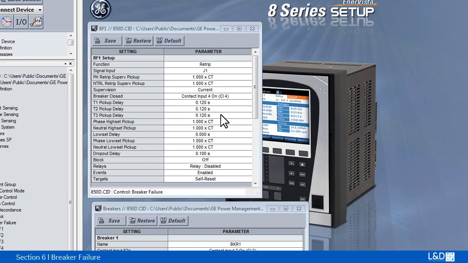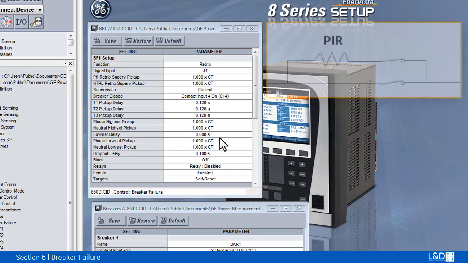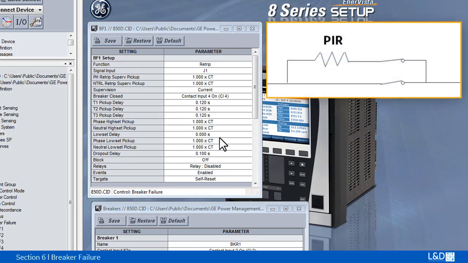The timer 1 and 2 logic provide two levels of current supervision, high set and low set. That allows the supervision level to change, for example, from a current which flows before the breaker inserts an opening resistor, PIR, into the faulted circuit to a lower level after the resistor insertion.